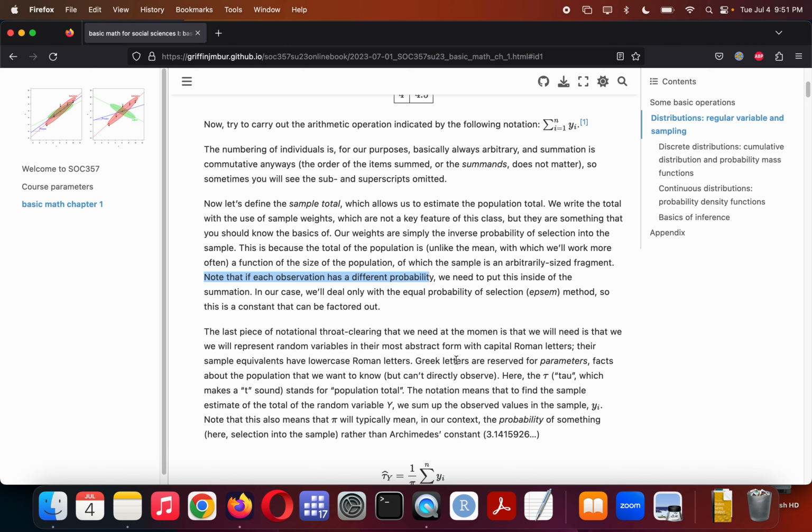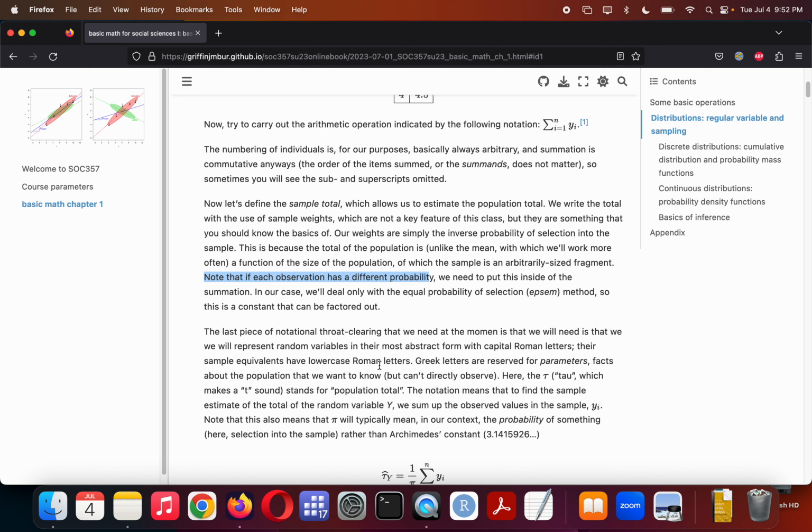So when we do want to refer to the concept of something specific, I know that sounds kind of wacky, but just keep in mind, and there's a lot of good philosophy about this actually, that you can have an abstract concept of something specific or an abstract concept of something fairly abstract. So when we see lowercase Roman letters such as little y, that means the abstract concept of something specific, like an actual observation on a variable.